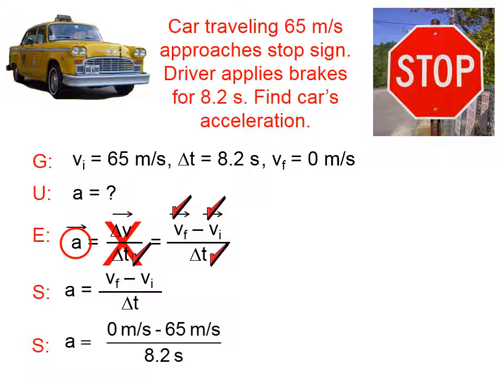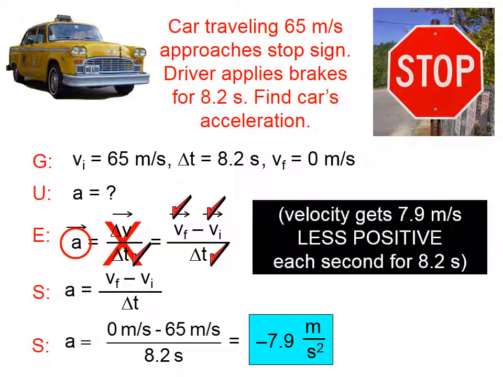Now I'm ready to cross off that portion of the equation, solve the equation for the variable I'm looking for, and substitute the numbers in. Remember, the numerator will be final minus initial speed, and that's going to give us a negative number, negative 7.9 meters per second squared. And that just means that the velocity gets 7.9 meters per second less positive each second for 8.2 seconds.